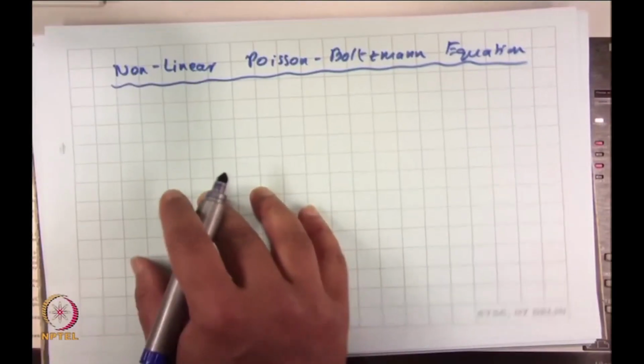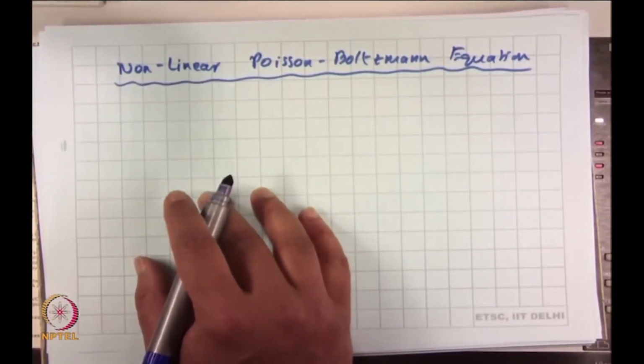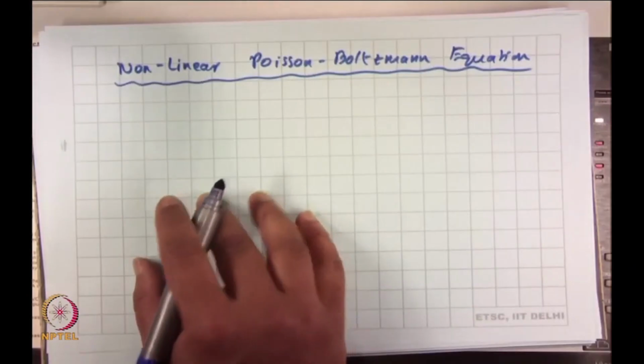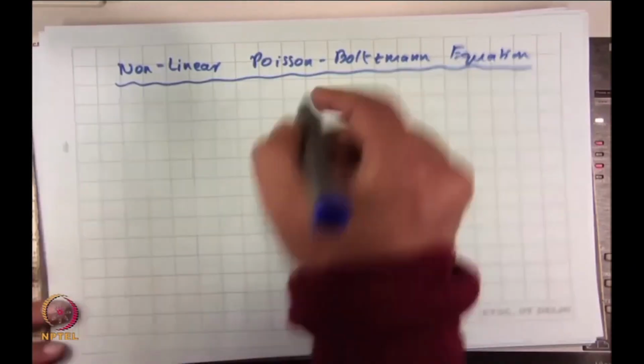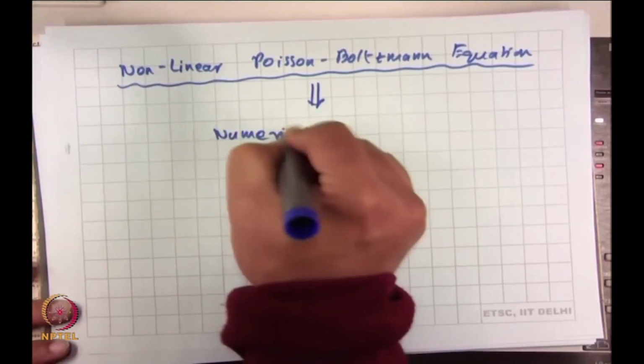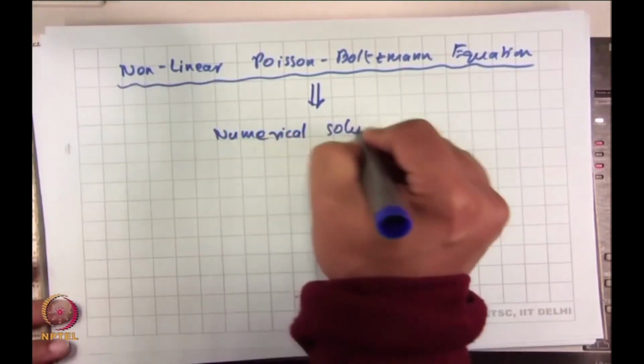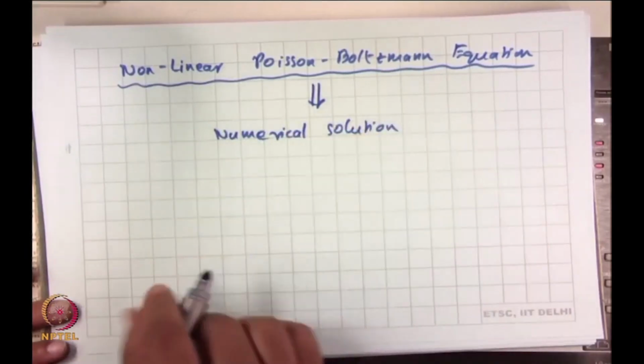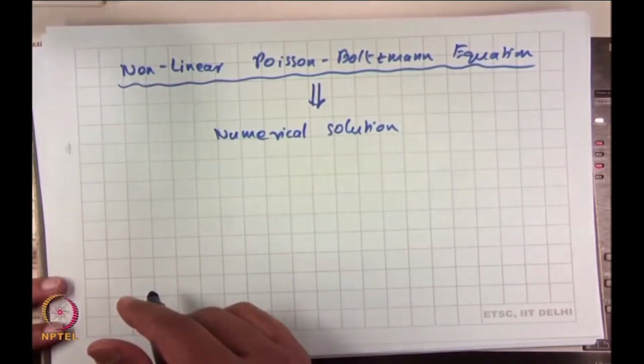So, if it is a non-linear Poisson Boltzmann equation, the problem is you cannot solve it in a straightforward manner. The only way of solving it is to do a numerical solution, but we will simplify matters for us. What we will do is we will make an assumption.